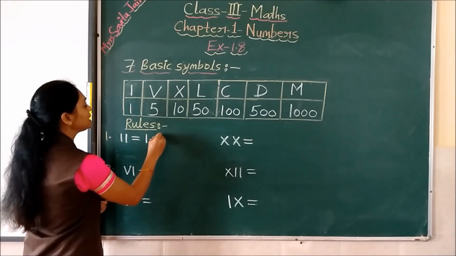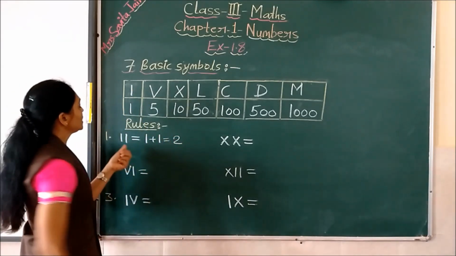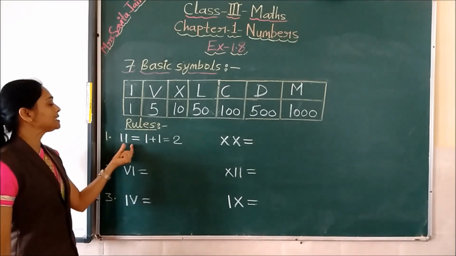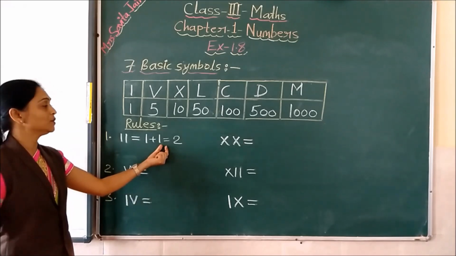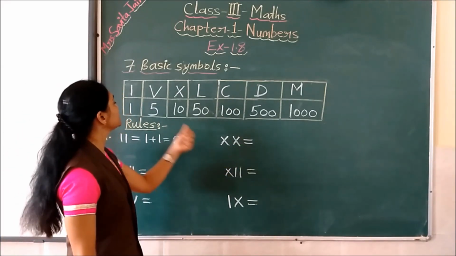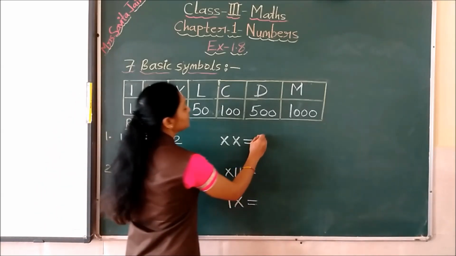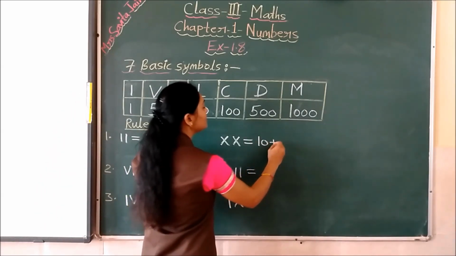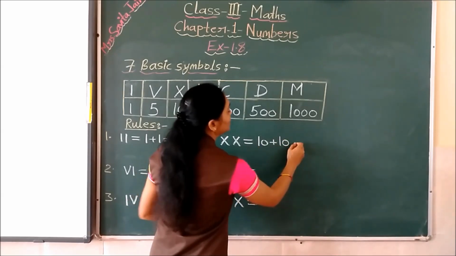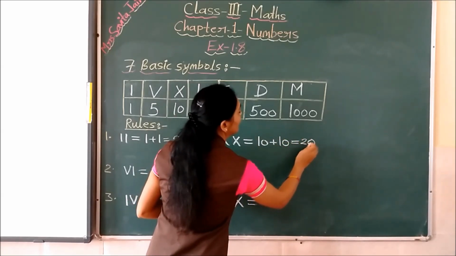So here 1 plus 1 means 2. It means if we are having any repeated symbol like this, we have to add the values. Here also we can see this is XX. The value of X is 10. Means first we will write 10, then again X is there, so plus 10. So like this 10 plus 10 we will get 20.